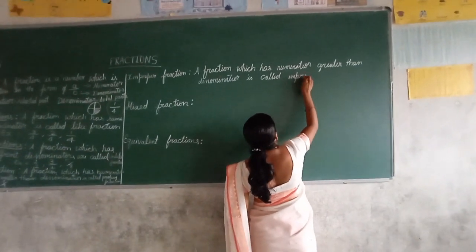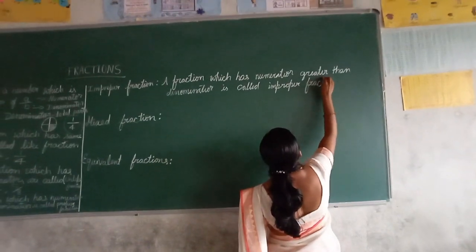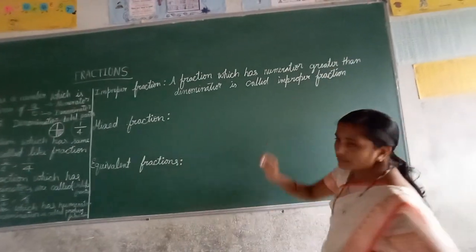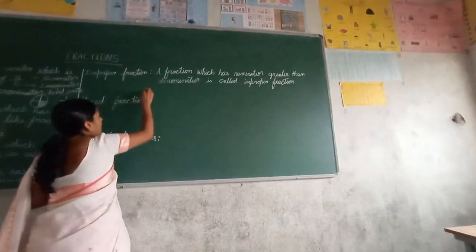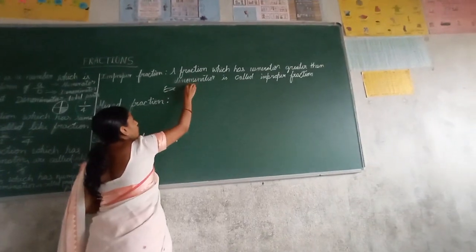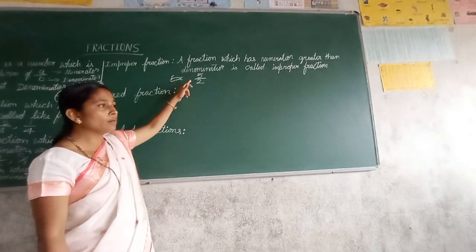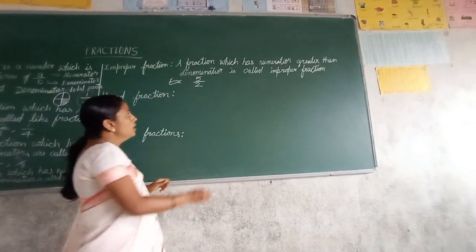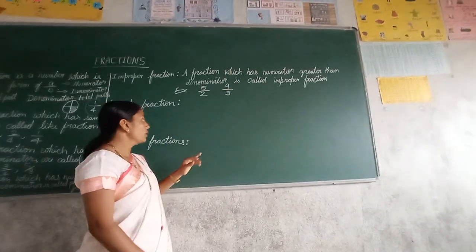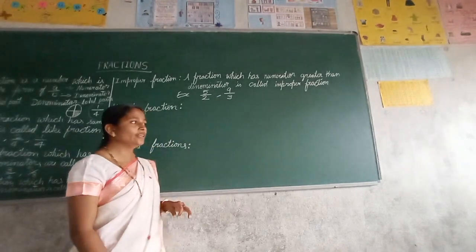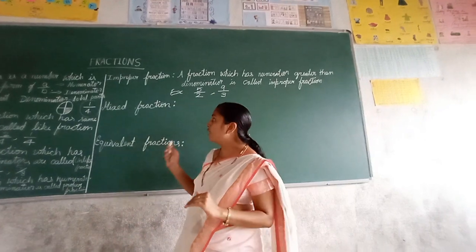For example, 5 upon 2. You can compare: 5 is the greater number, 2 is smaller. In the same way, 9 upon 3. 9 is greater, the denominator is smaller.